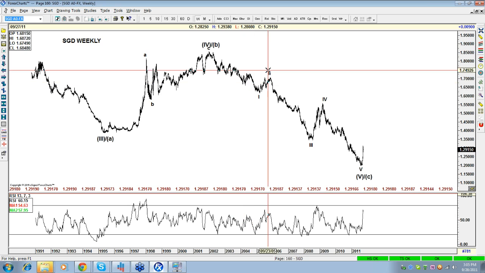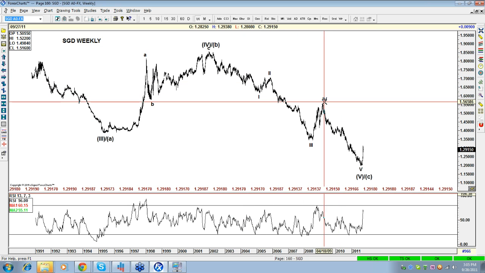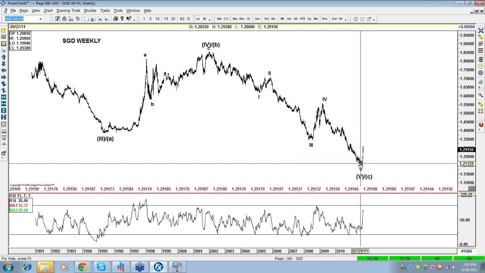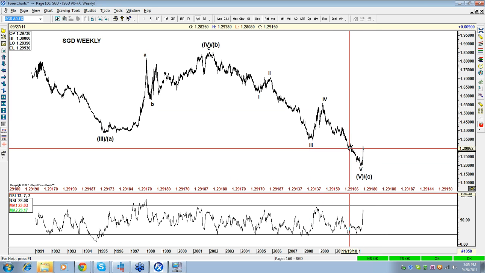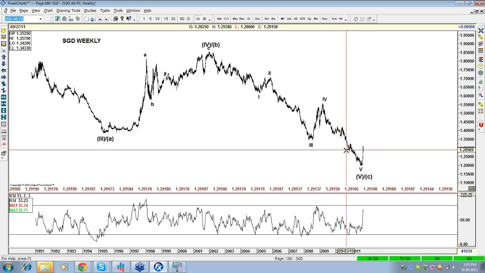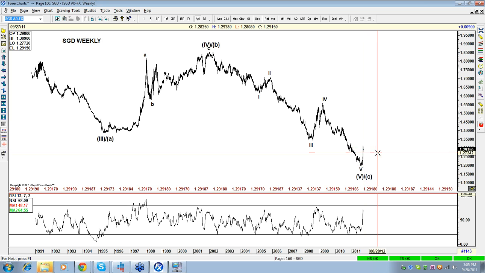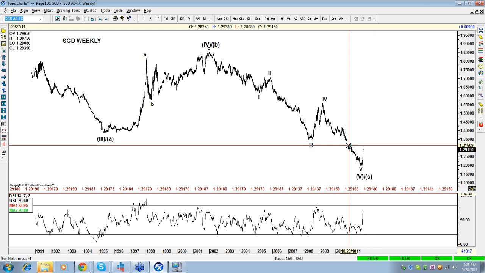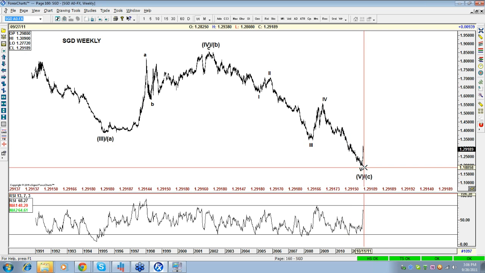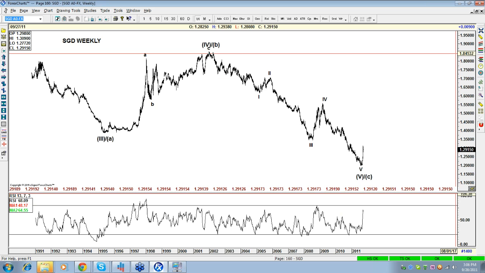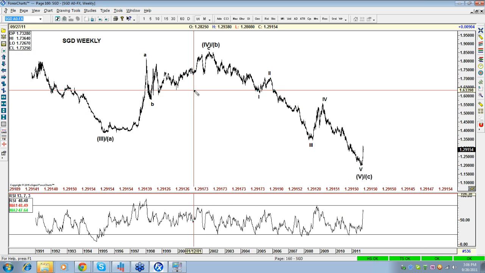So technically 1, 2, 3, 4, and then look within the wave 5, you see 1, 2, 3, 4, 5. Right here, on this weekly chart, you got a low on the RSI and a divergence within 5. So it's a beauty, because let me tell you something about RSI.